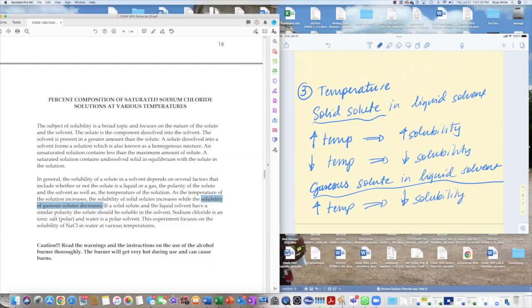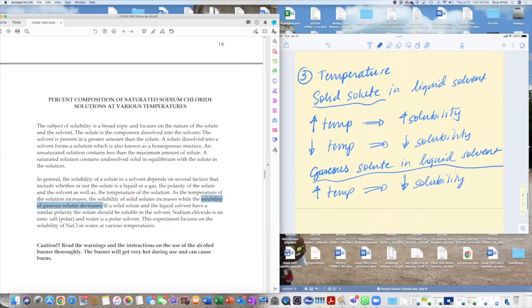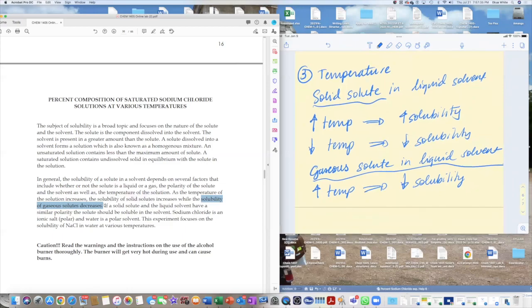If you want soda to go flat, so soda is an example of a gaseous solute in a liquid solvent, right? You have the carbon dioxide that was bubbled into the liquid to make it tart and bubbly and have all the fizzing. If you leave the soda out in the heat, the carbon dioxide molecules in the solution gain energy and they try to escape the heat. Okay, but if you put that bottle of soda in the refrigerator, it actually increases solubility.